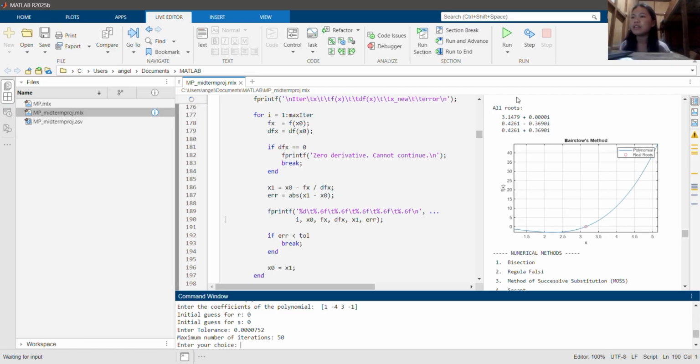So here we can see all roots from the function, and below it is our graph for the Bairstow method.